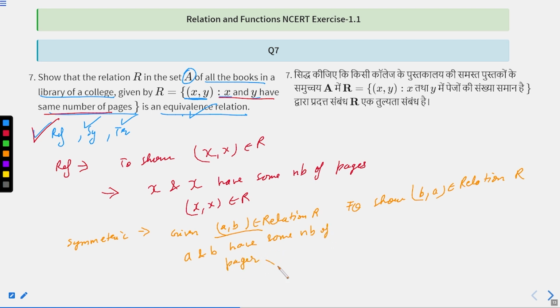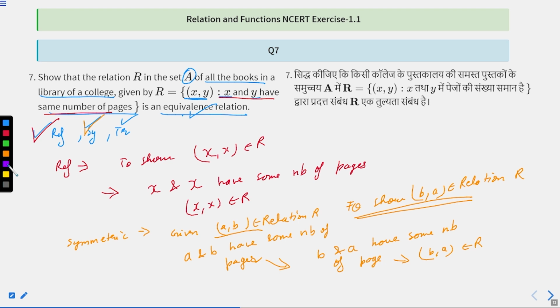From this, what I can say is B and A have the same number of pages. And from this I can say that B comma A belongs to R. So we showed that B comma A belongs to R whenever A comma B belongs to R. So it is symmetric also.